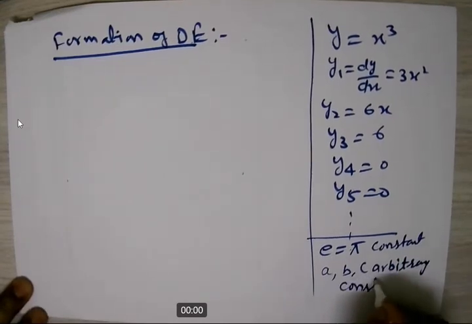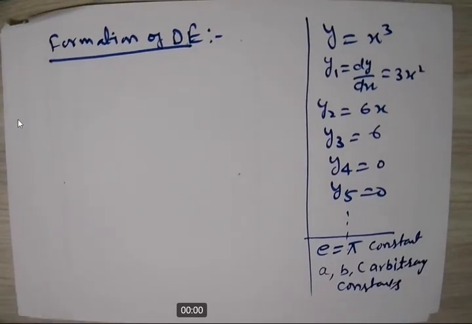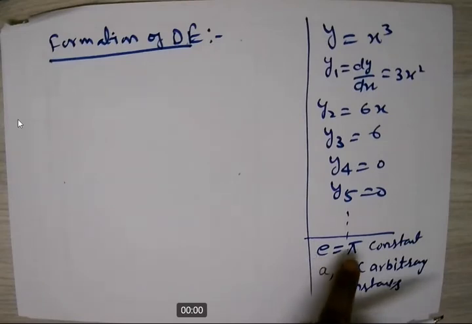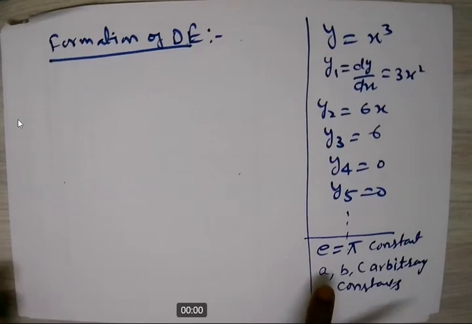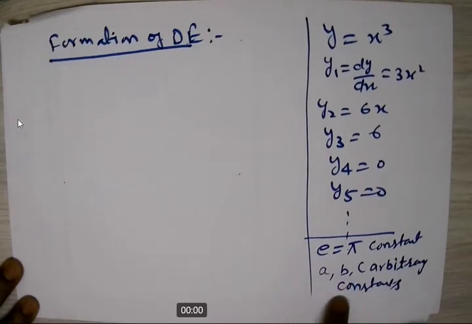The meaning of arbitrary constant is a constant whose value can change. But e and pi are constants whose values never change. Arbitrary constants are also constants, and the derivative of each of these is also 0. But the difference is that these two values never change, while these constants can be changed. That's why it is called an arbitrary constant.